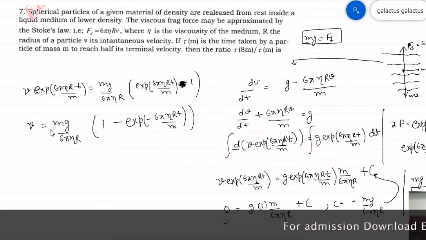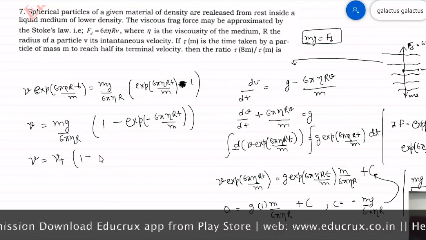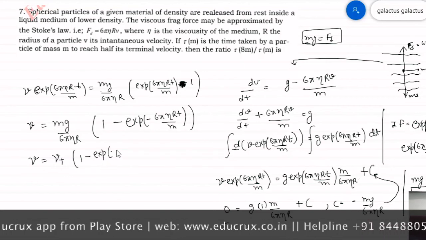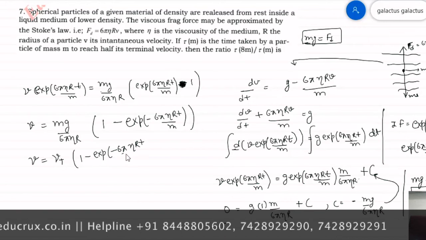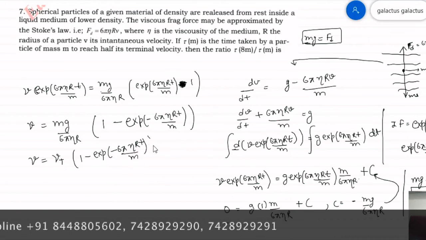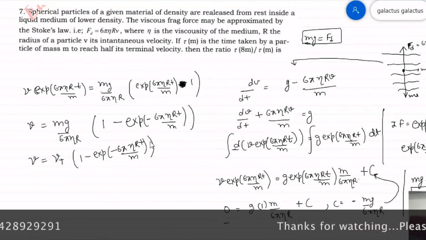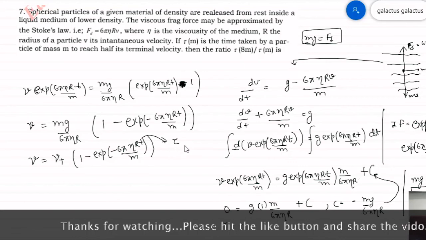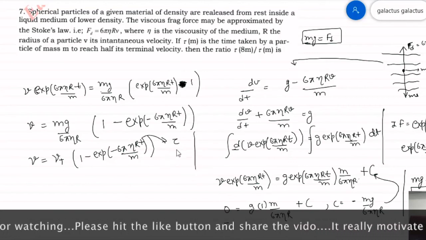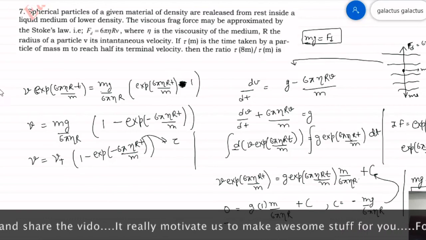So let us use this definition on this side. So v is equal to vt into 1 minus exponential minus 6 pi eta r t by m. Okay, so let us now change this time to tau, because we have to calculate the time where the particle reaches from 0 to Vt by 2.